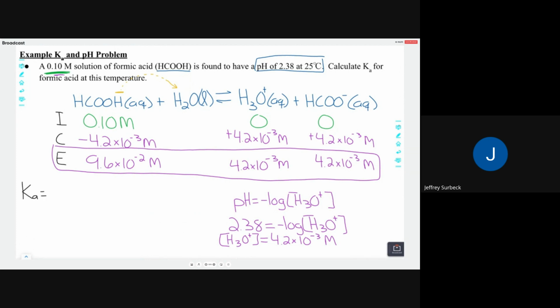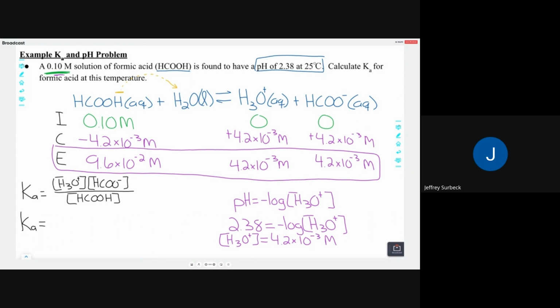Our products in this case are going to be H3O plus times the formate ion, HCOO minus, all divided by that formic acid concentration. And I'm going to say this before I start inserting numbers and solving for our exact Ka. Remember, the values you put in your equilibrium expression have to be at equilibrium, okay?